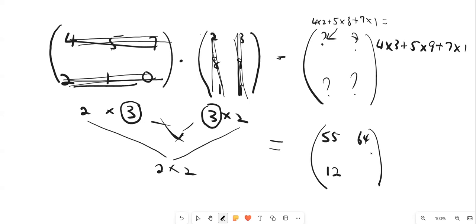And this row by this column, you get 15. That's your answer. Check it out, see if you're getting it. Yes, sir. Right.